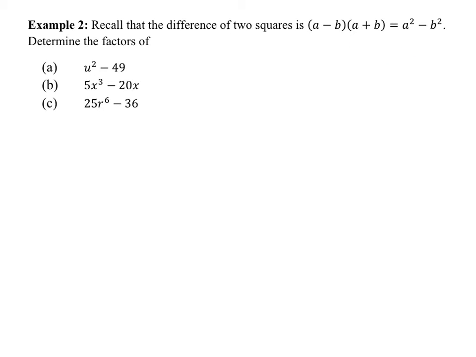So can you take that and move backwards now? I want you to take this idea and move backwards to the factored form. So take the difference of 2 squares that's presented to you in A, B, and C and move backwards to the factored form by applying the reverse of the rule that you see above.